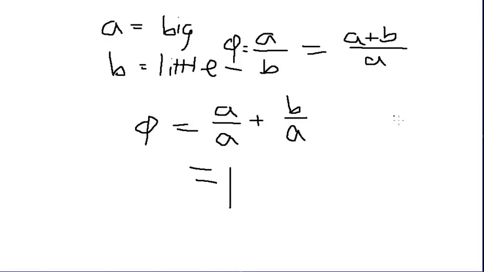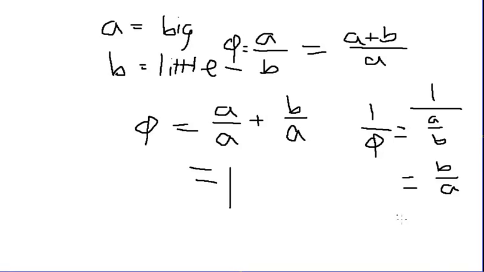You've got to make 1 over. So that's why 1 over phi is equal to 1 over A over B. But if you do 1 divided by a fraction, it's the same as multiplying by the reciprocal. Reciprocal means flip the fraction. That's why we have this: 1 over phi is the same thing as B over A.